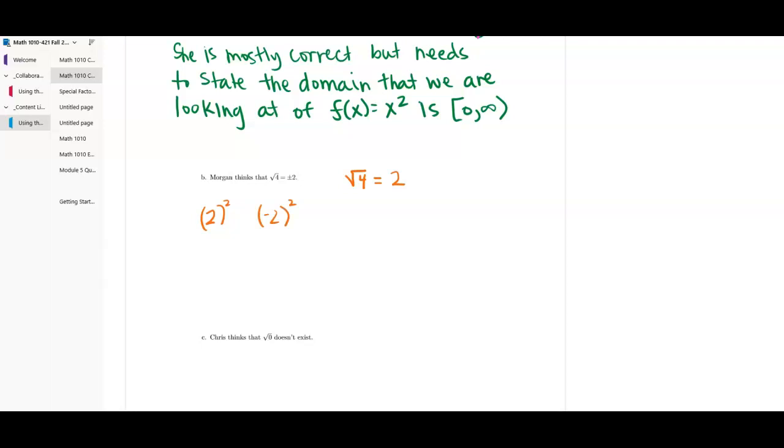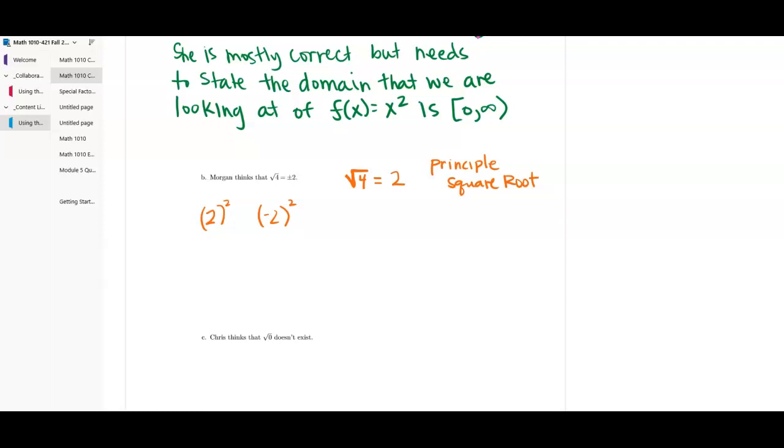But I want to make sure when you see this symbol right here, and you're just finding the square root of a number, then our answer is just going to be that positive number, because we're just looking at what we call the principal square root. Which means we are only going to end up with either 0 or positives for answers.